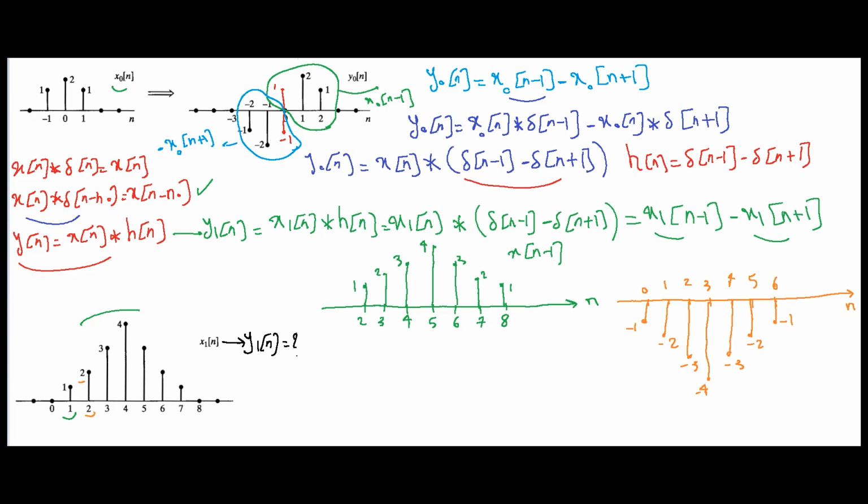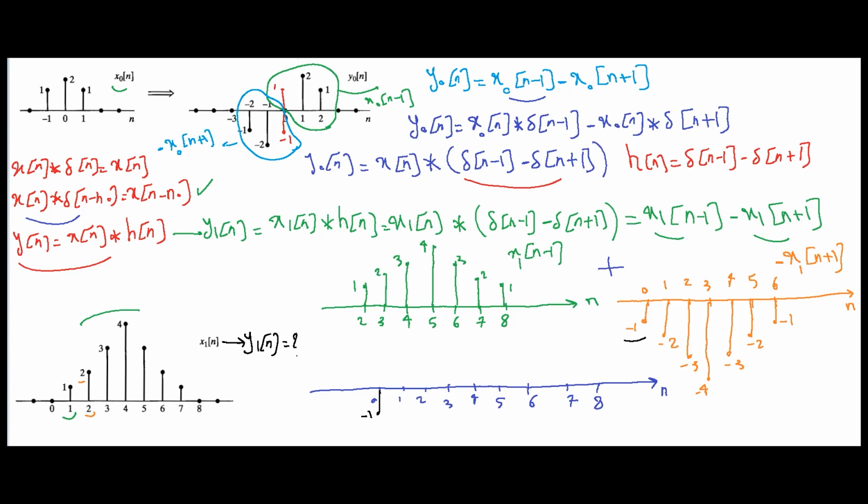This corresponds to shifting x1[n] one sample to the left and multiplying all amplitudes by negative 1. Finally, we add the two sequences sample by sample.